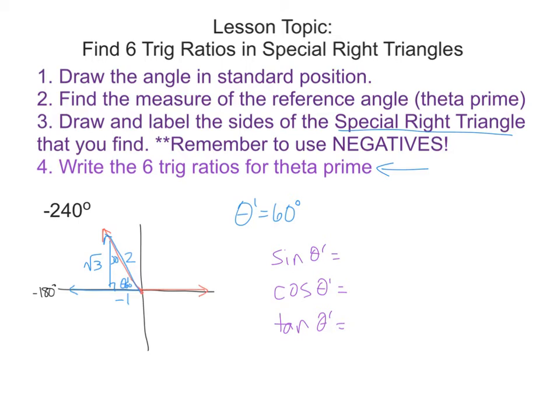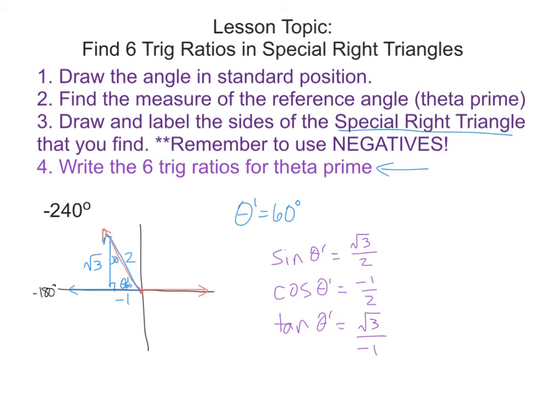Sine of theta prime, which is our 60 degree angle, sine is opposite, square root of 3, over hypotenuse, which is 2. So square root of 3 over 2. Cosine is adjacent over hypotenuse. Adjacent is negative 1, and hypotenuse is 2. And lastly, tangent for theta prime is opposite over adjacent, which is square root of 3 over negative 1.